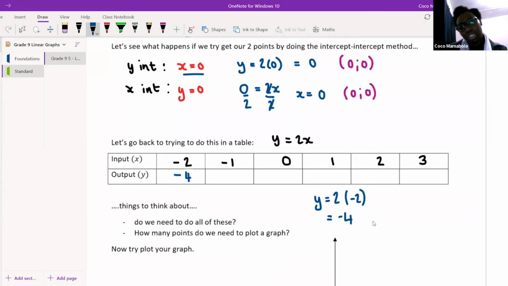All it means is that I open brackets and I write my x value, -2, semicolon, -4, and close the brackets. This lovely thing that we've written over here is my coordinate form. That's all I wanted.